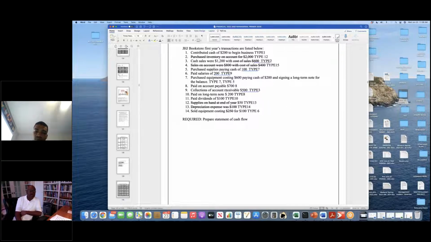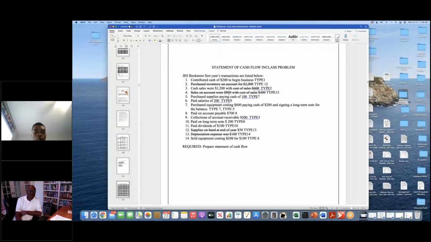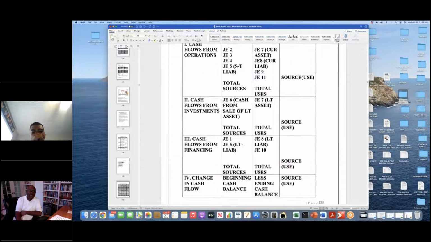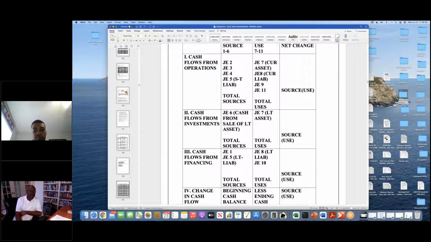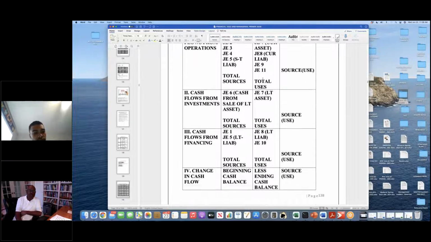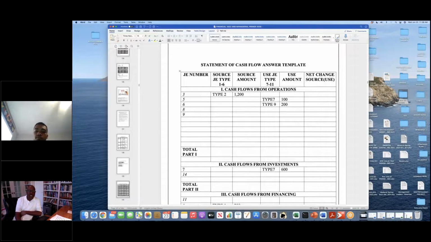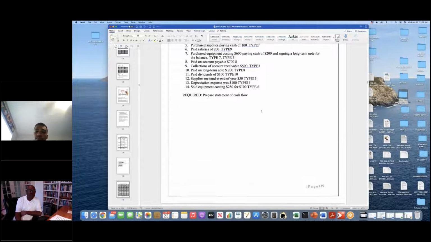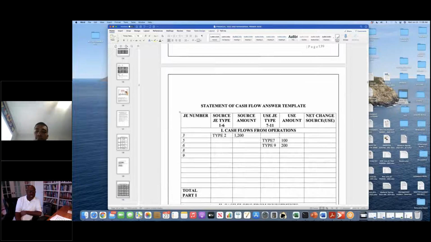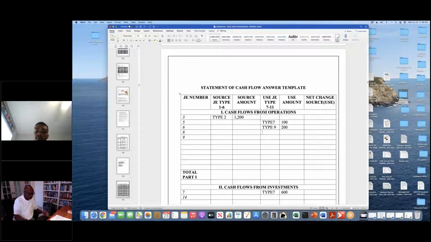Okay, then transaction 8, paid on accounts payable 700. Type 8. Where does type 8 go? In part 1. So it happens to be transaction 8.